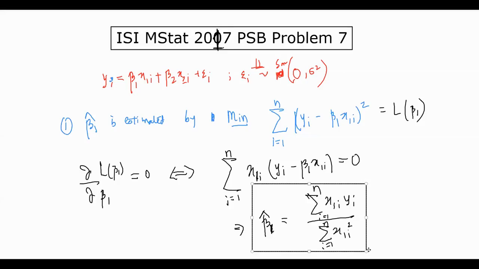So this is almost the first part of the problem, where you estimate beta 1 hat by minimizing the least square. Okay, the next part of the problem goes as finding the expectation. So let's create a notation: summation of a_i b_i, i from 1 to n, let's call it s of a comma b.